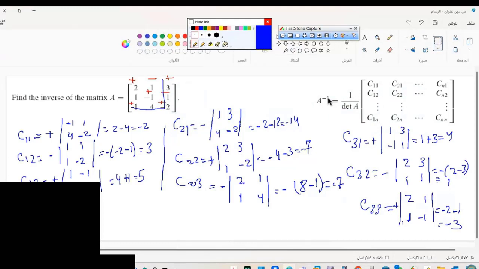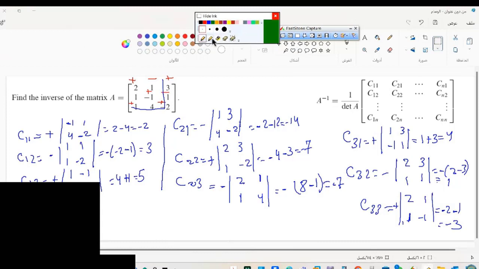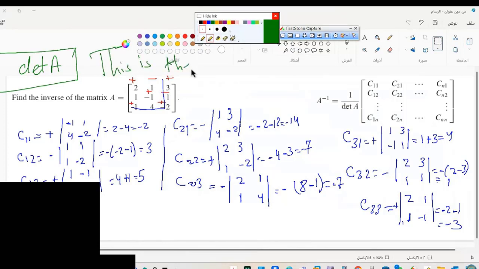Where is the determinant? Det. This is the most common mistake. Why? Because we calculated all of these before calculating this.